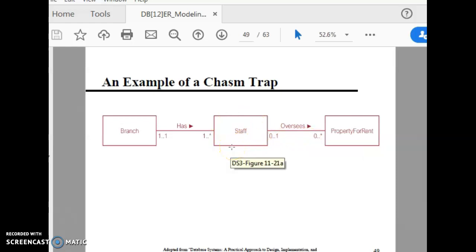Here a problem arises when we want to know which properties are available at each branch. If we try to answer the question, at which branch is property number PA14 available, we are unable to answer this question, as this property is not yet allocated to a member of staff working at a branch.